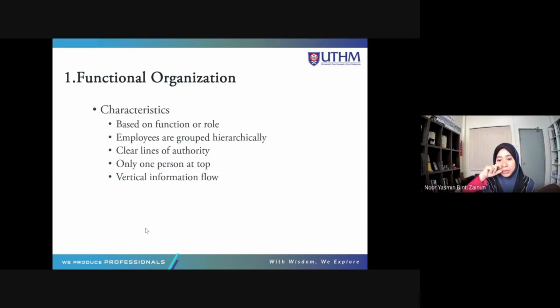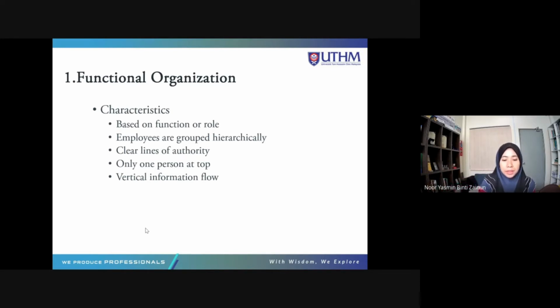For example, in UTHM, we have the registrar, pendaftar. So that is the functional organization. The registrar has all the staff, and they have one boss. And then the bendahari, dia ada staff dia, lepas tu dia ada satu boss. So that is functional organization.